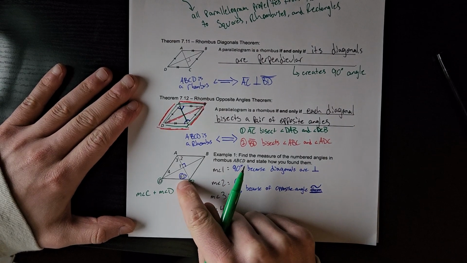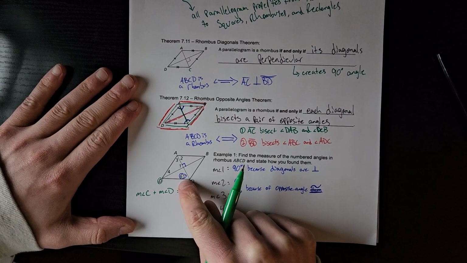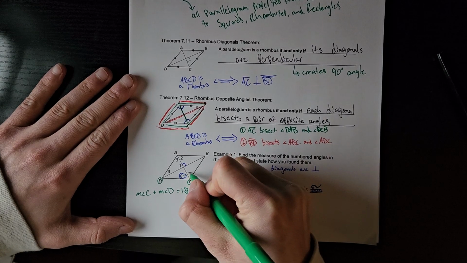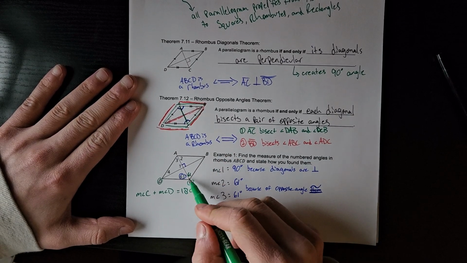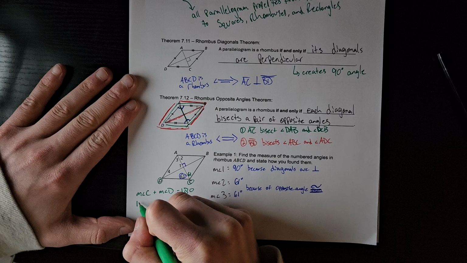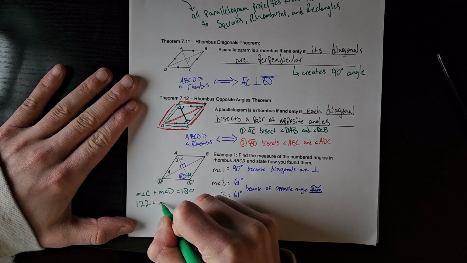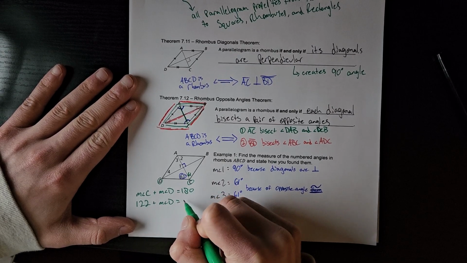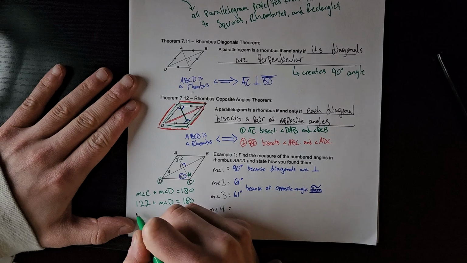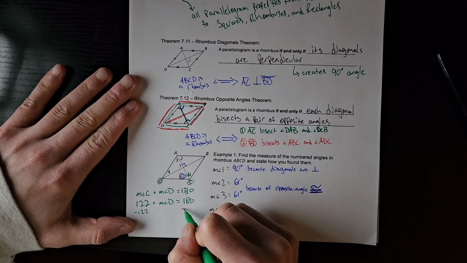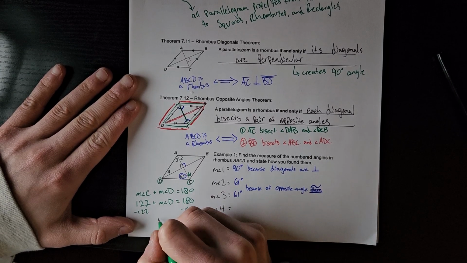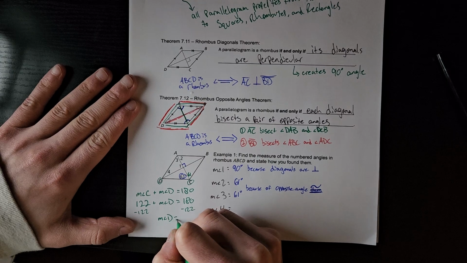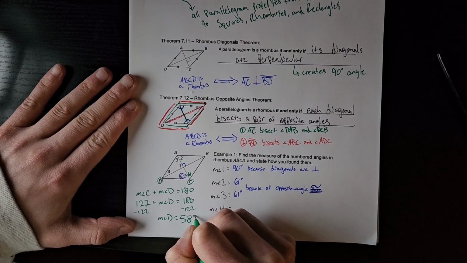If I know that half of angle C is 61, that means the other half is also going to be 61. I could do 61 plus 61, that's going to be 122, plus my measurement of D is equal to 180. Subtracting my 122, I'd get a measurement of angle D equal to 58 degrees.